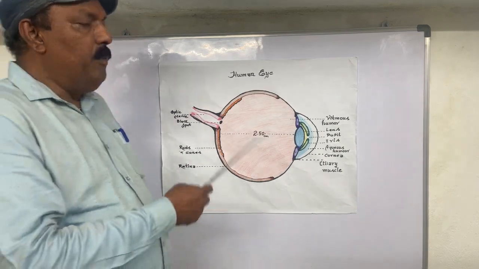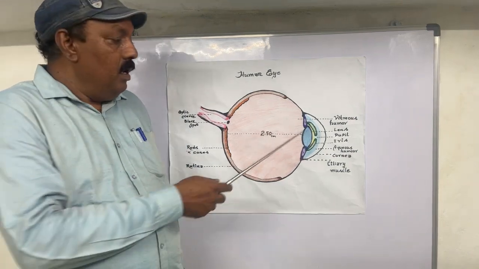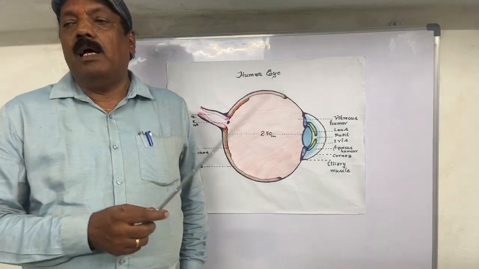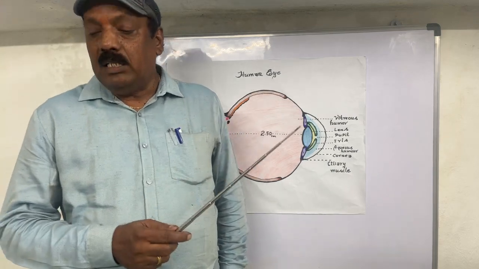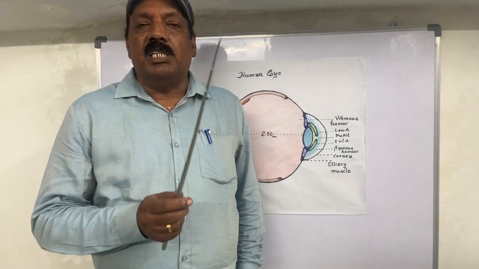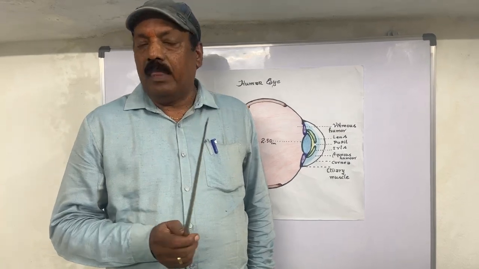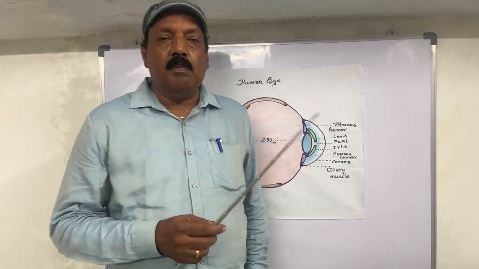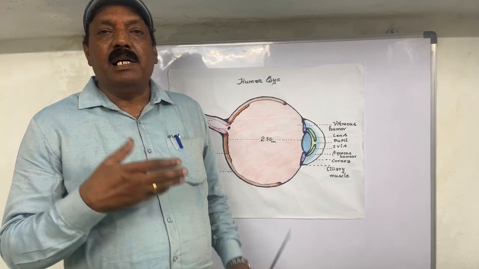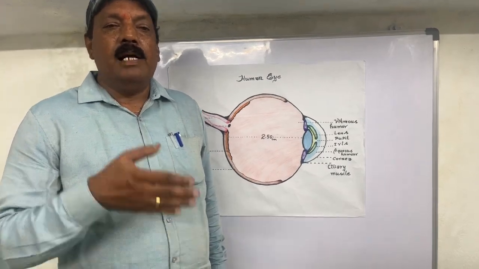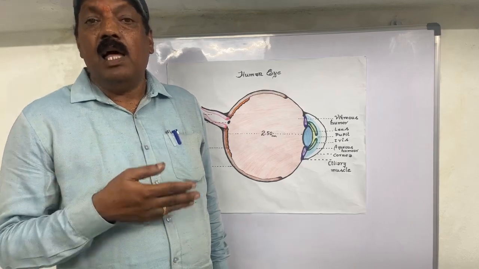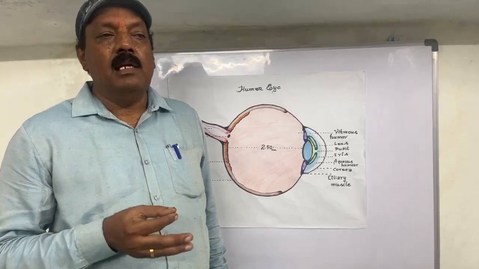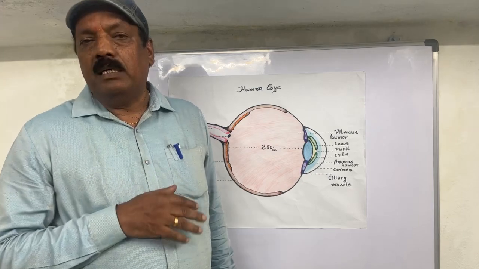Before that, our eye first of all has to be kept safe, which means we have to maintain one interesting point, the least distance of distinct vision, LDV. While reading a newspaper, a book, the Bible, the Quran or the Bhagavad Gita, you have to maintain a minimum distance of 25 centimeters.